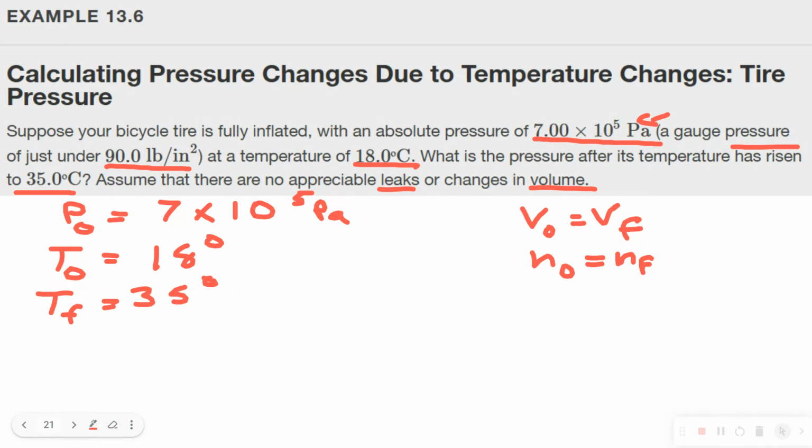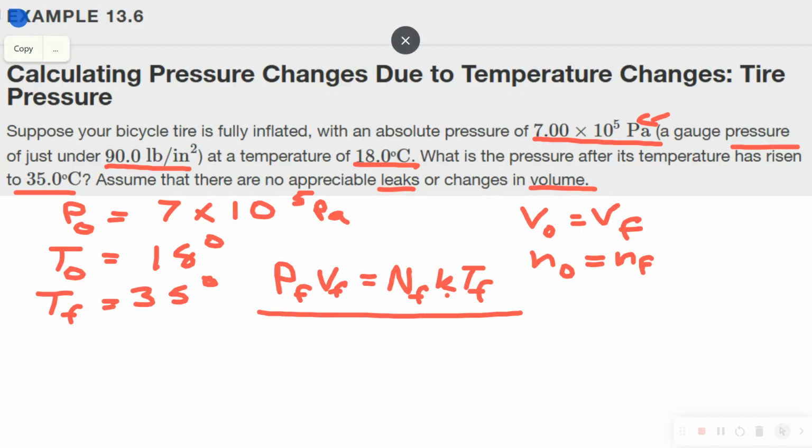So one of the things that we could do, and I don't know if you guys want me to derive this or not, but we know that the relationship between the final pressure and volume will be equal to the final capital N K, and we'll do a little bit of fixing on that, over F, right?